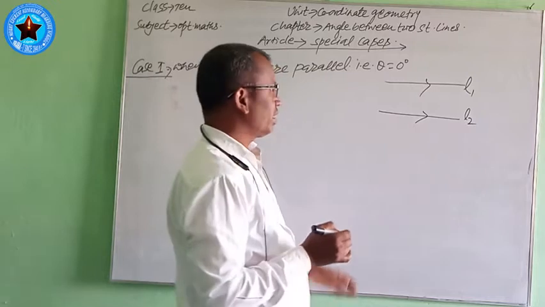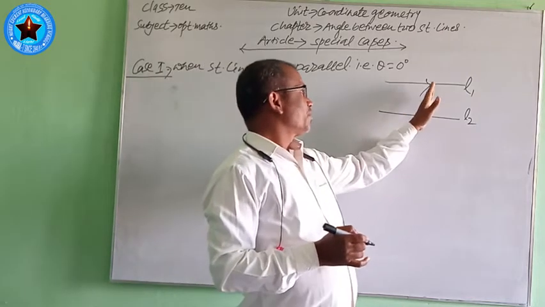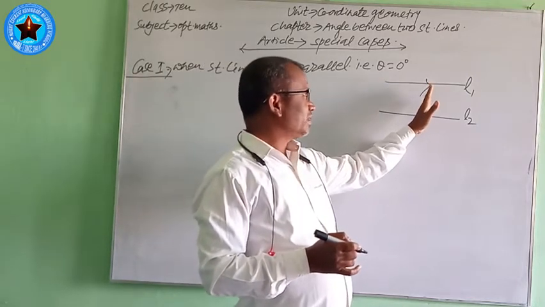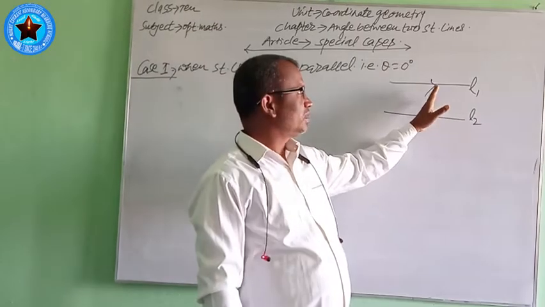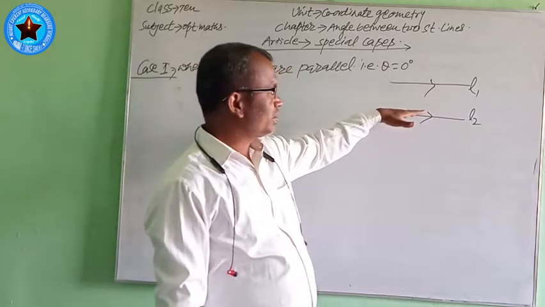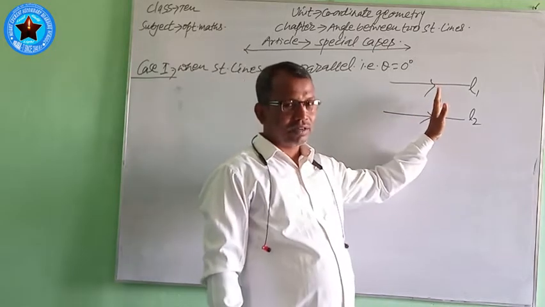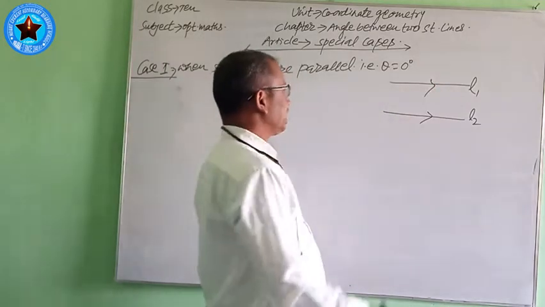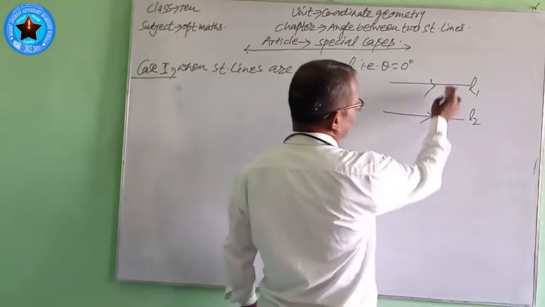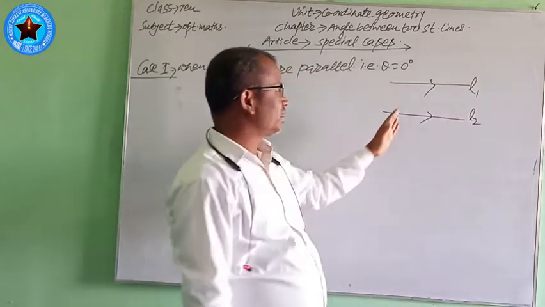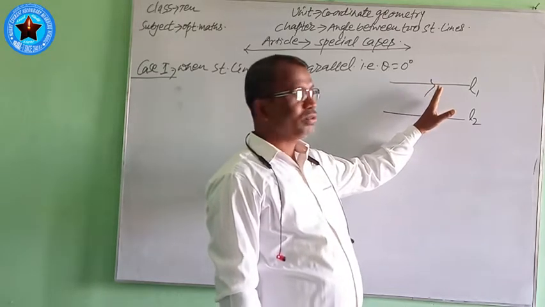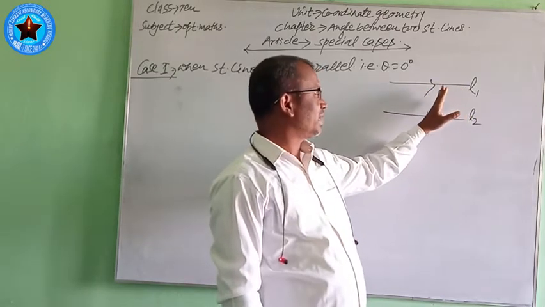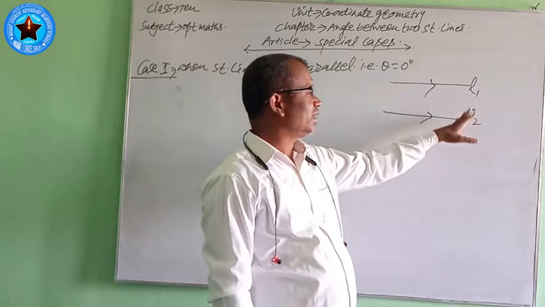L1 and L2 are parallel to each other, and by inspection or by observation we can say that these two straight lines L1 and L2 are separate parallel, because these two have their own line of action. Therefore, from geometry, there can be no point of intersection between L1 and L2.